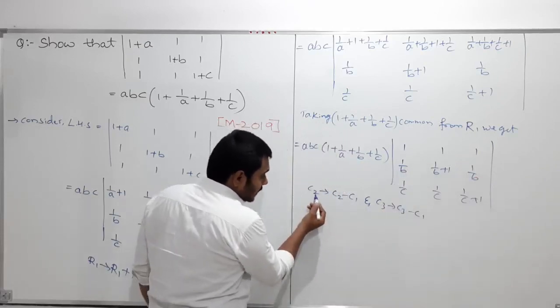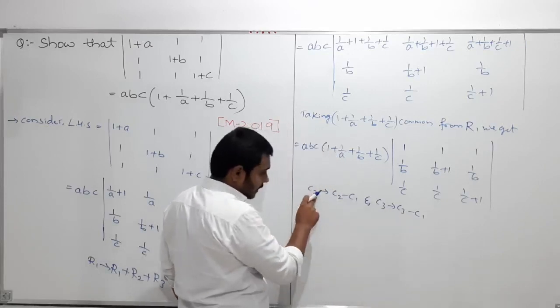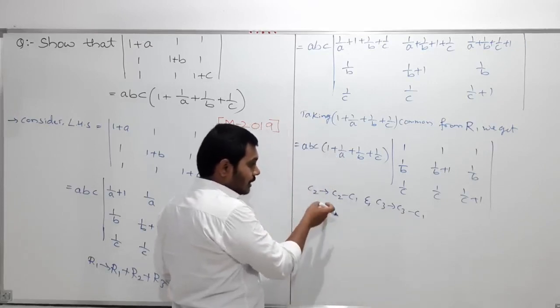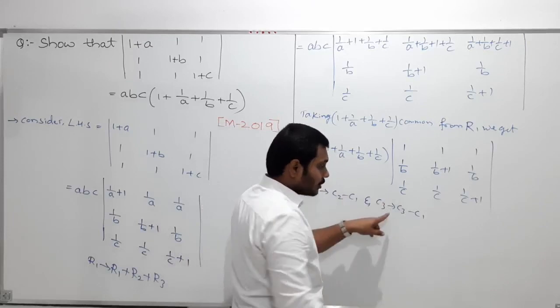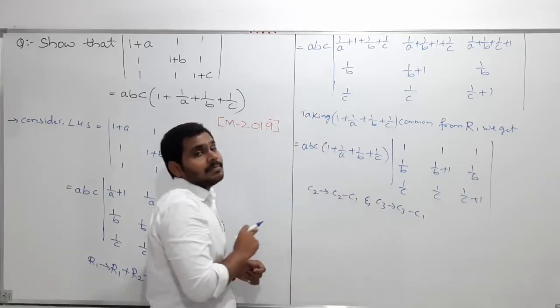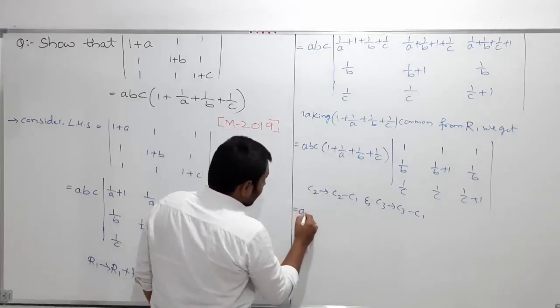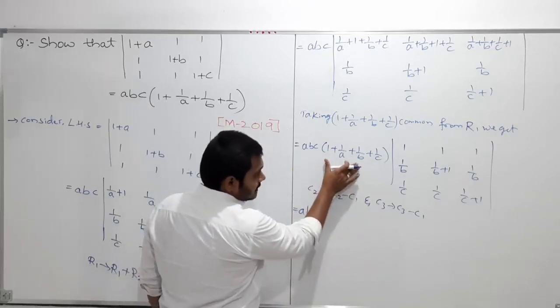Please observe, here C2 is changing, here I didn't use C2. Whichever column you applied the operation to earlier, you should not use it here because it is already changing. So that you should always keep in your mind. Clear? So therefore now here A, B, C, I am writing this as it is.